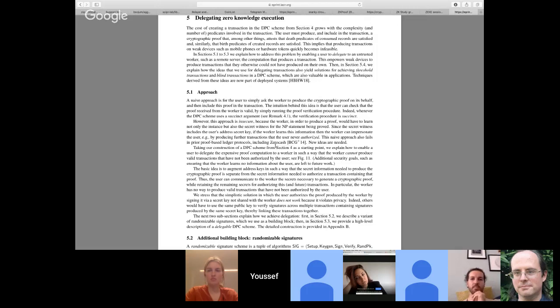But the problem is it violates privacy, because it violates the unlinkability, because you will always verify with the same public key. So here is the idea of randomizing keys. We have some sort of ephemeral keys, but in another way. So you sign with randomized keys.